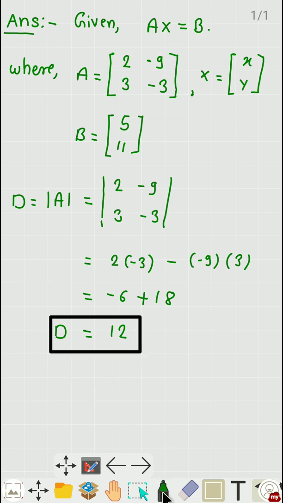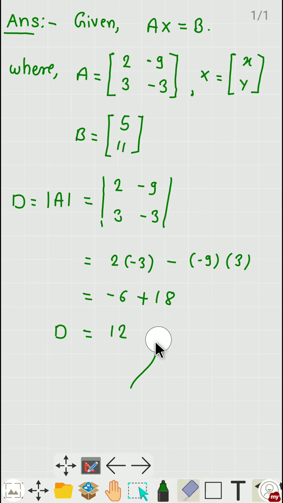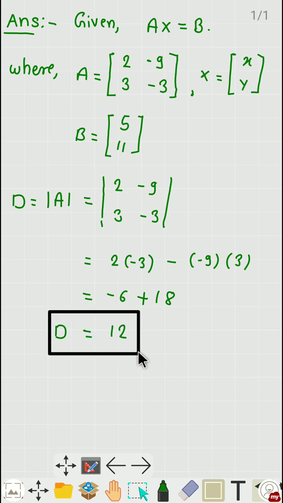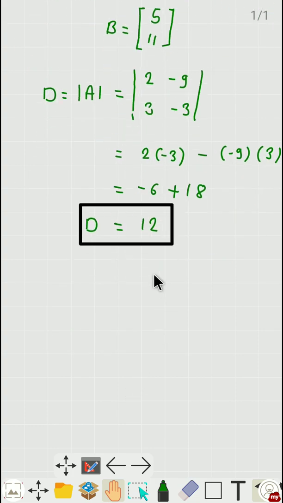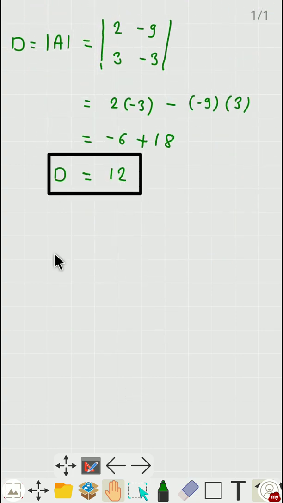Now let us write the determinants dx and dy. First dx.